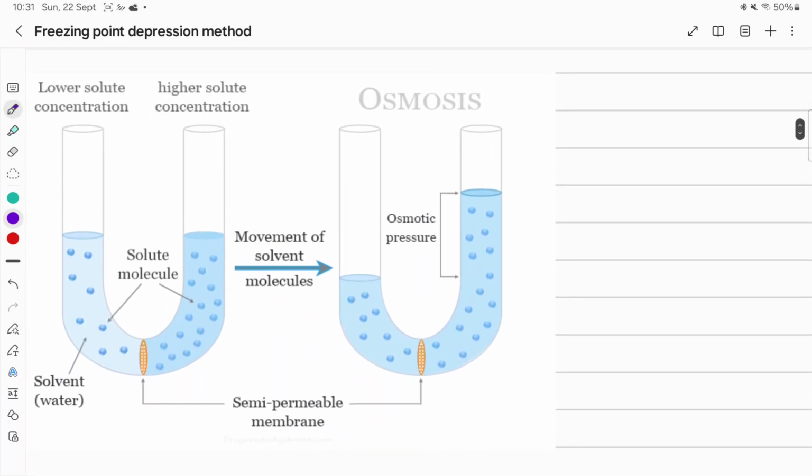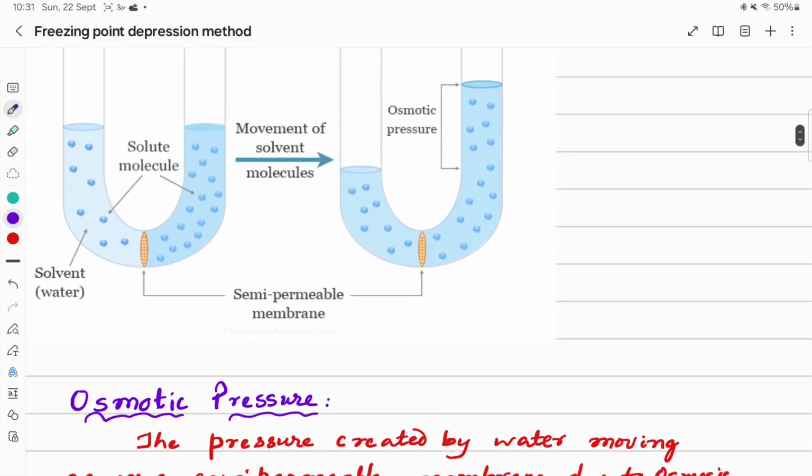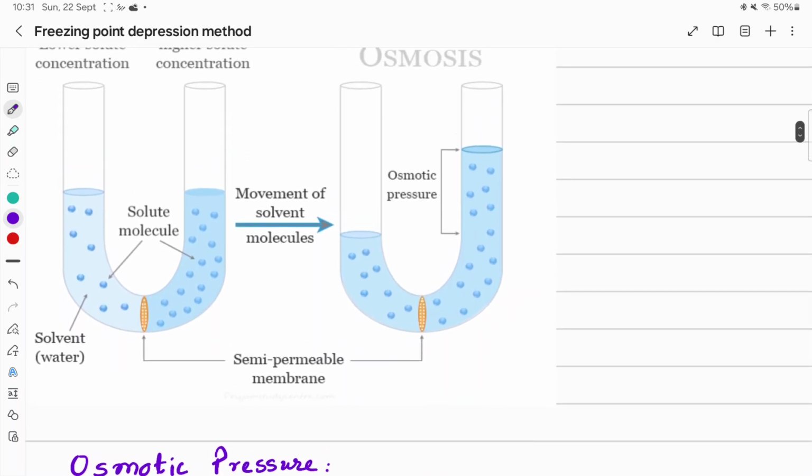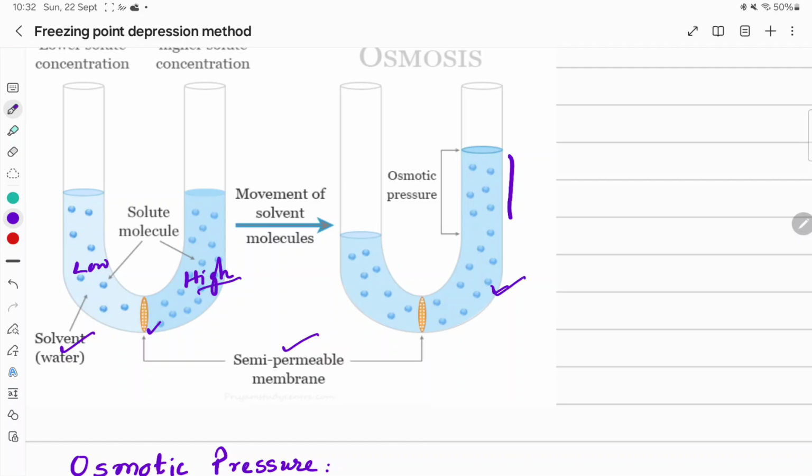And from that we have a term called osmotic pressure. So you can see here it is the low concentration and here it is the high concentration, and they are separated by a semi-permeable membrane here, and there will be flow of solvent from low concentration to high concentration, and because of that there is increase in volume of water this side, the side where the concentration is high.